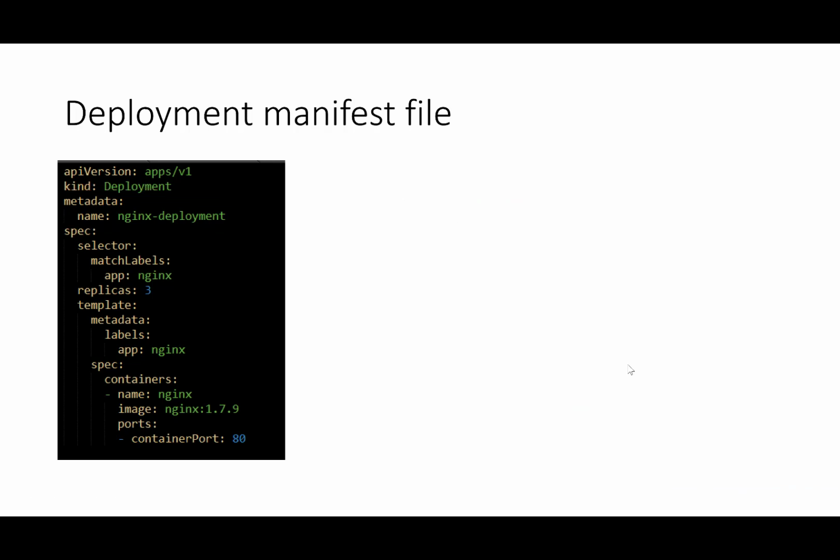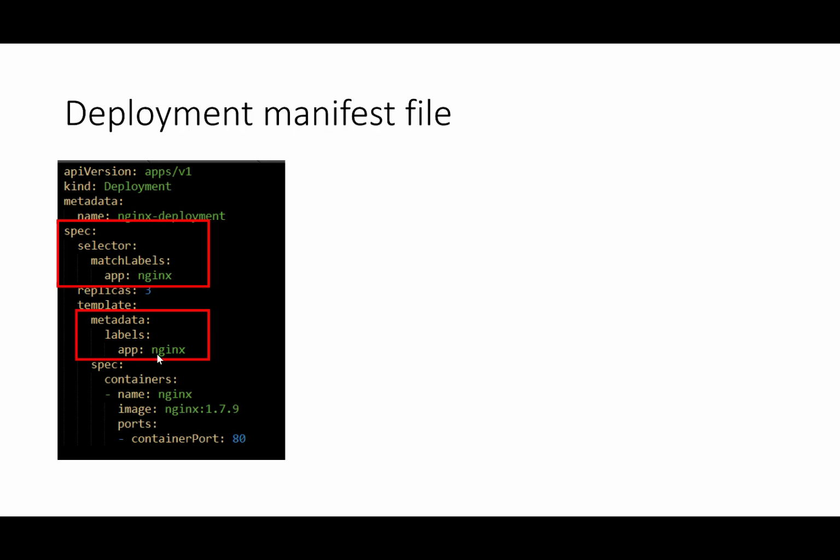Now let's talk about the labels and label selectors together. Labels are key value pairs that can be attached to any Kubernetes objects. In this deployment file, we have a label that is attached to a pod. You can have additional labels as well. In this example, we have a label with the key as app and the value as nginx.